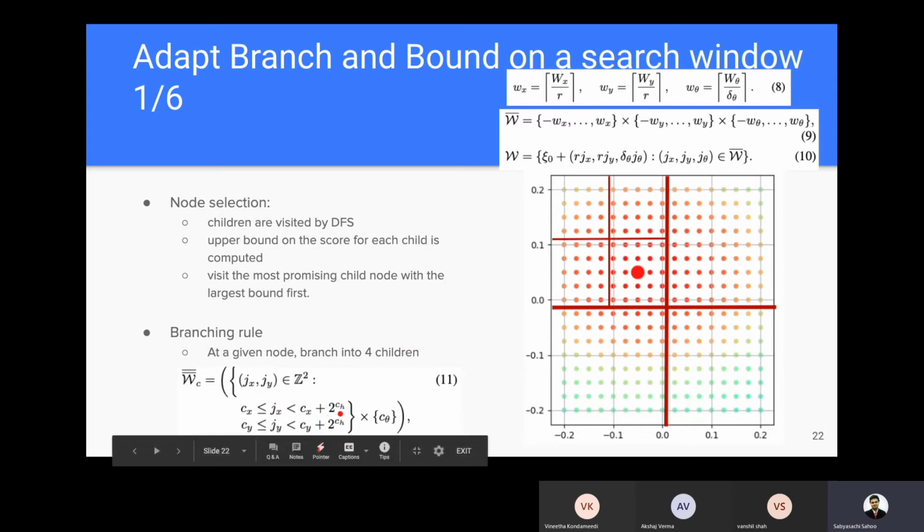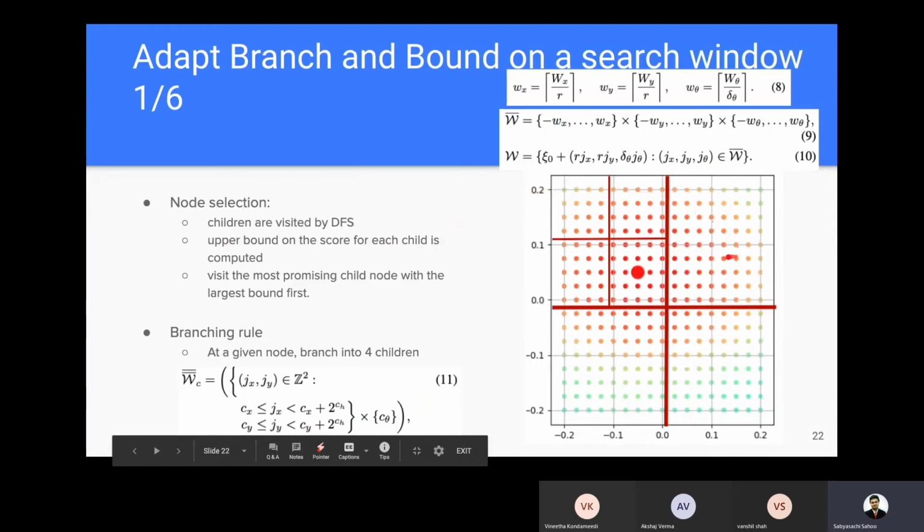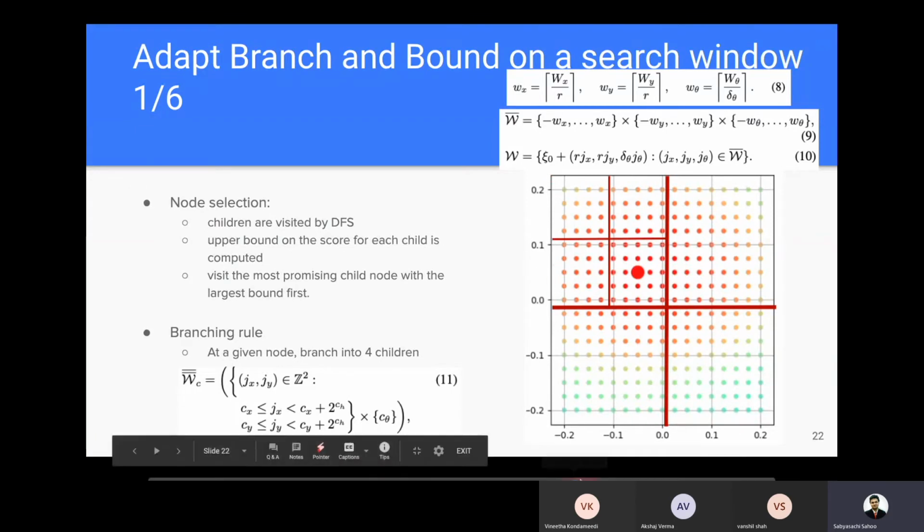Typically when you try to write this as powers of 2, ideally, if this and this were in factors of 2, we could have easily kept on dividing by 2. But say this is 100 by 100.